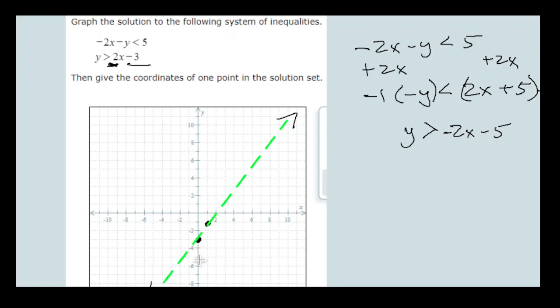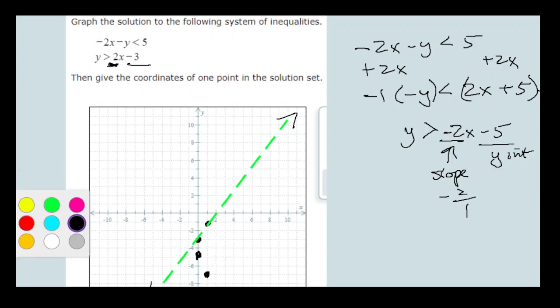Let's find -5. That's my y-intercept. Remember, that's always that number right there. And then this number is my slope, and that's your -2 over 1. So I'm going to go from this -5, I'm going to go down 2 and over 1. You probably recognize this from the last question. It's kind of weird how they both have the same thing, right?